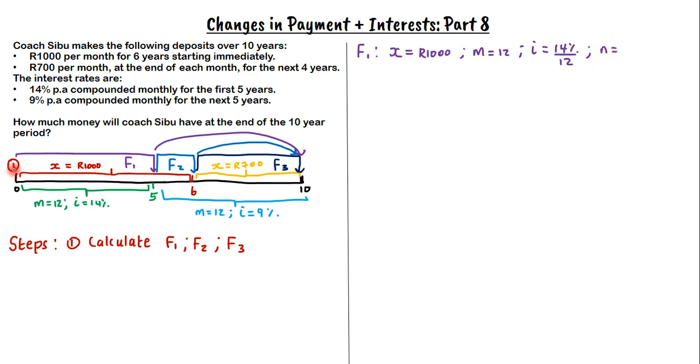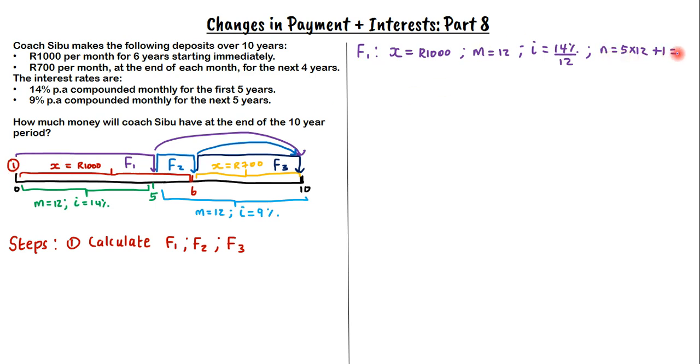Now this person had an immediate deposit. So even though we're calculating from year 0 to year 5, we can still say here we have the number of years, which is 5, multiplied by the compounding, which is 12, but then this will be added with 1, because this 1 tells us that we actually had our first deposit when we immediately opened that.